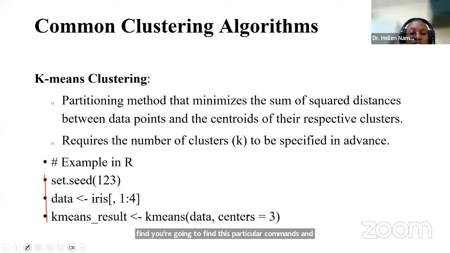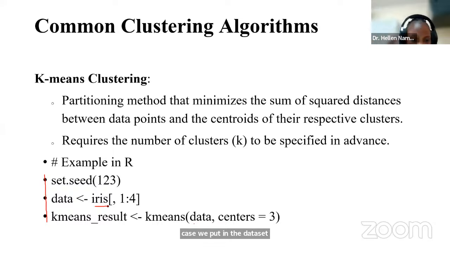For example, in this particular case, you put in the data set. Here we are considering the data set as the iris. And then the K-means will give you the results that you want to consider within the cluster. And then centers equal to 3 implies that you're going to use 3 clusters.